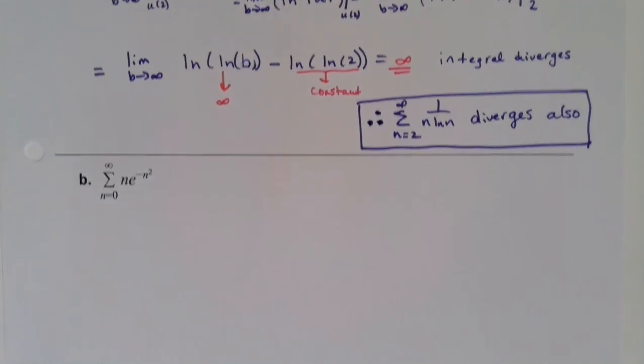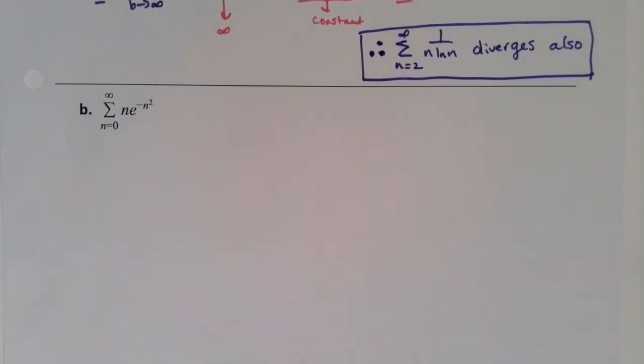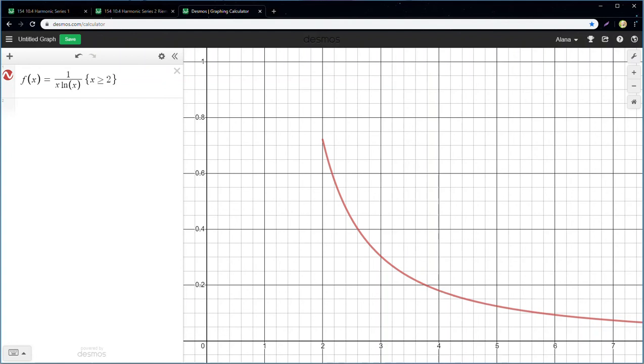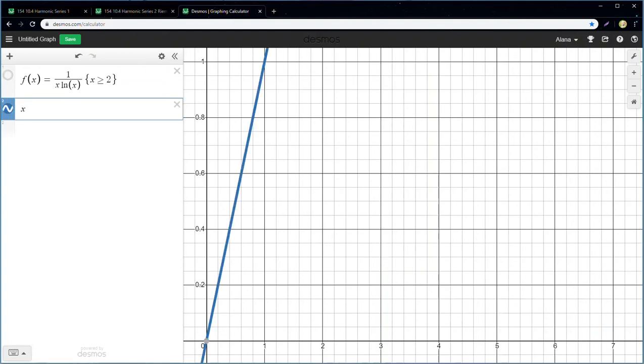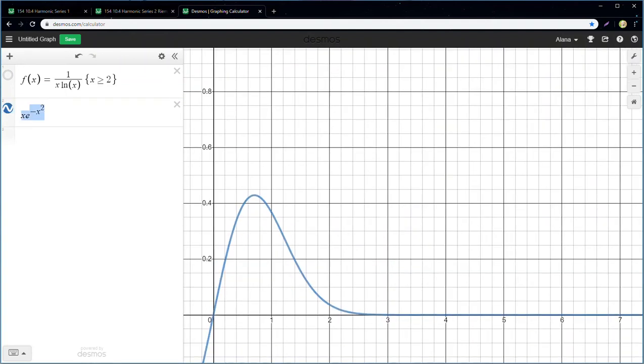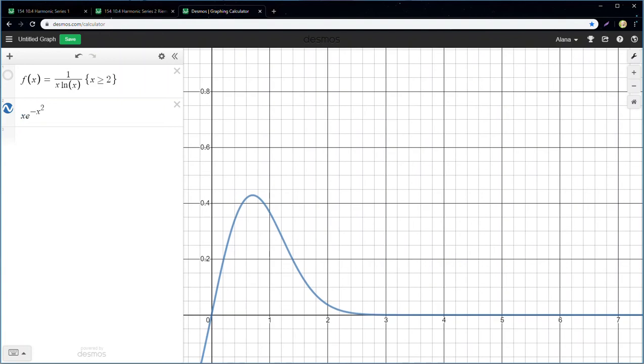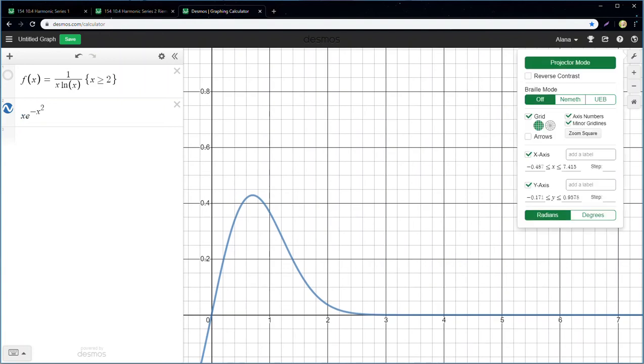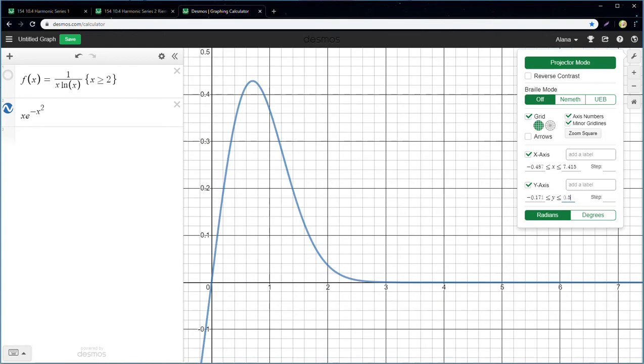Now let's repeat the process for this function. Well, it's a series at this point, but I'm going to make it a function. So my function would be x times e to the negative x squared, right? I'm taking the series and building it into a function. And as before, we don't really need nearly as much as we are seeing here.